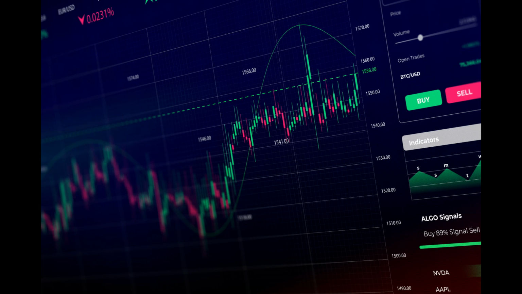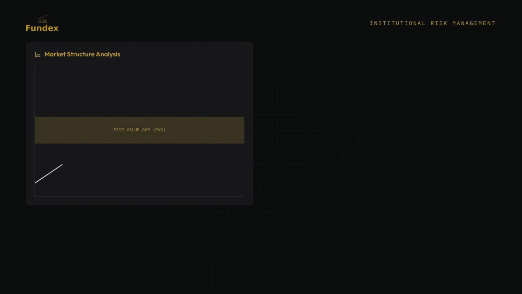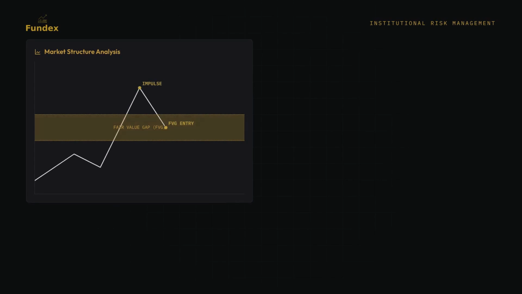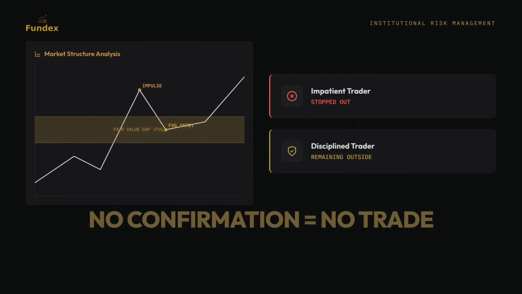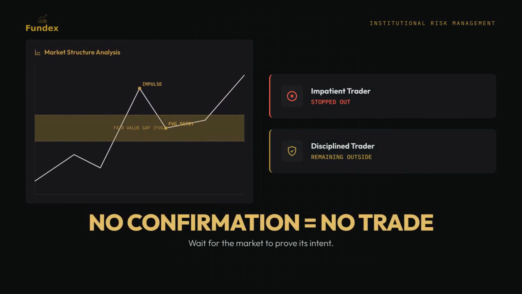There is no key reversal candle. There is no displacement. Price continues closing weakly and eventually trades through the entire level. A trader who entered immediately when price touched the fair value gap may be stopped out. A trader who waited for confirmation would simply remain outside the market.